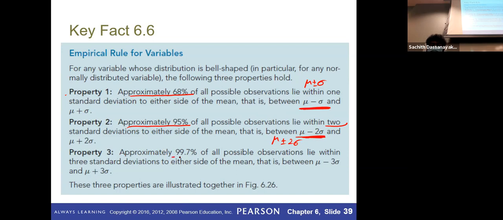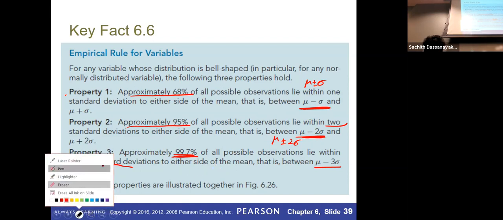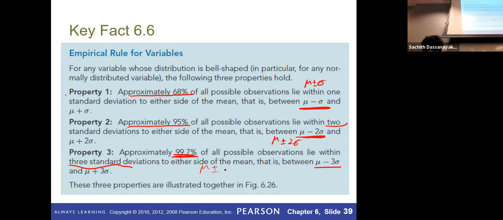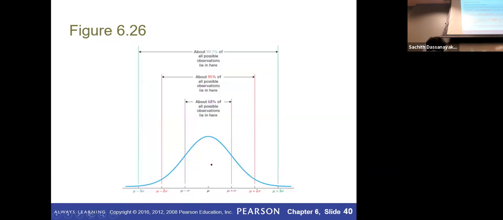Third one, approximately almost all, 99.7%, we can cover within 3 sigma or 3 standard deviations. Sigma means standard deviation. So mu plus or minus 3 sigma. You remember this one?